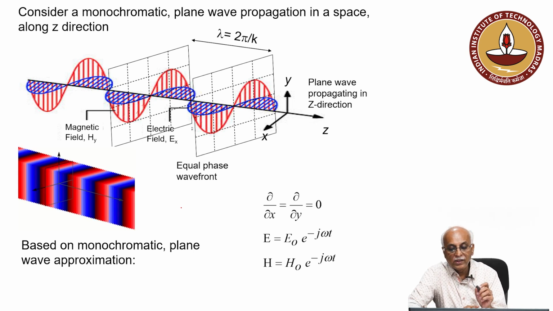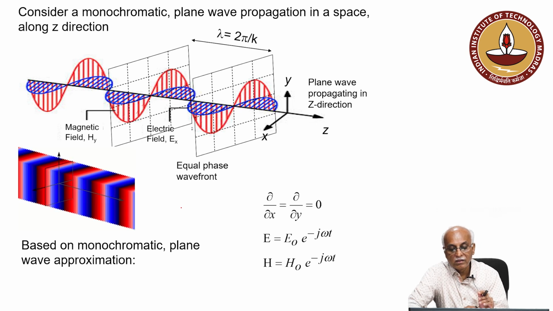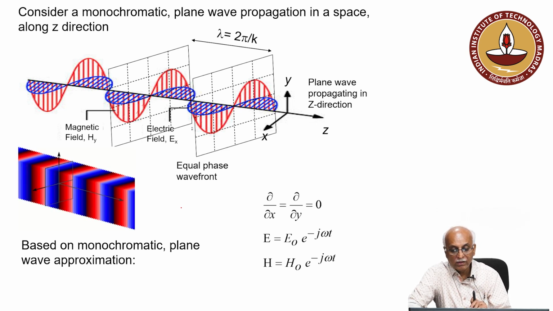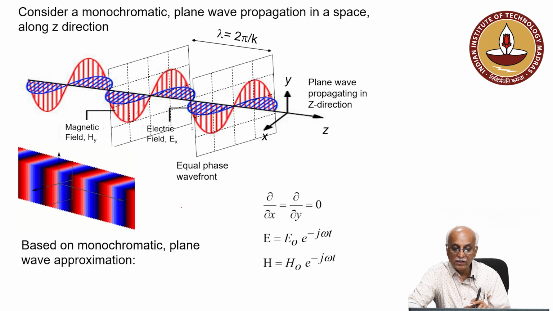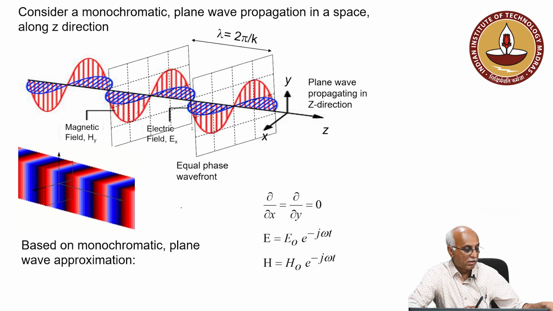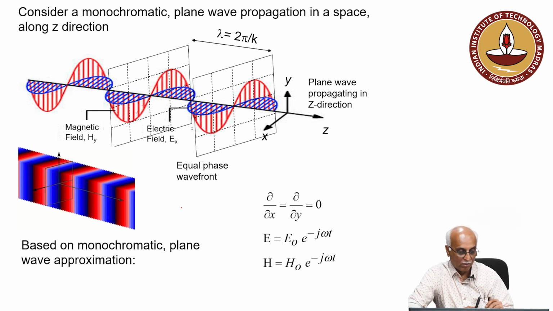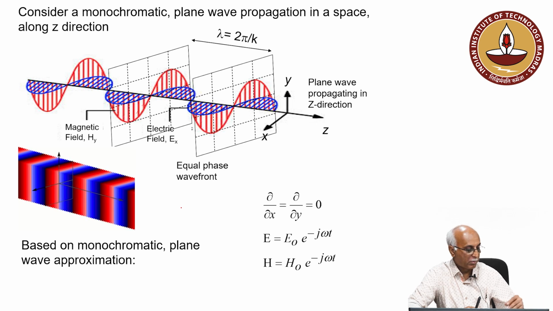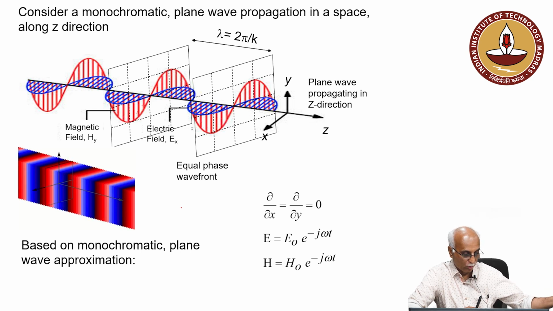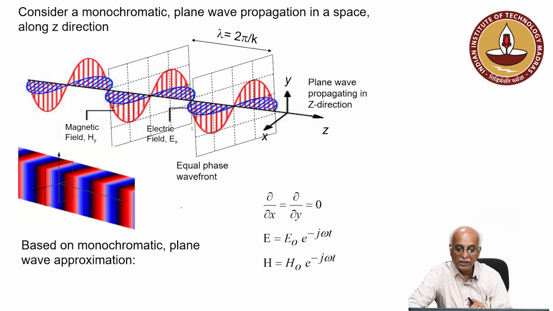So let's say a magnetic field is oscillating in the y direction, and the electrical field is oscillating in the orthogonal x direction, then the resultant wave propagation, or the energy propagation, will be in the direction perpendicular to the cross product, basically perpendicular to these oscillating waves.